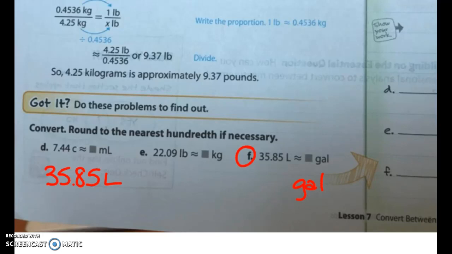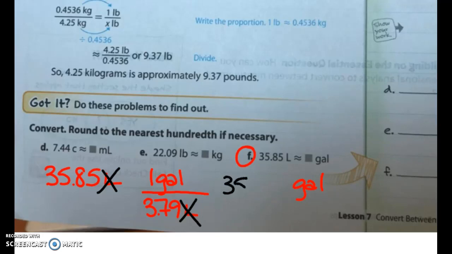I go back to my chart and I see that 1 gallon is equal to 3.79 liters. Now, make sure that you have it written with liters on the bottom because, of course, we want these liters to cancel, okay?